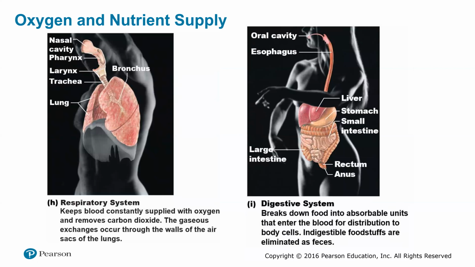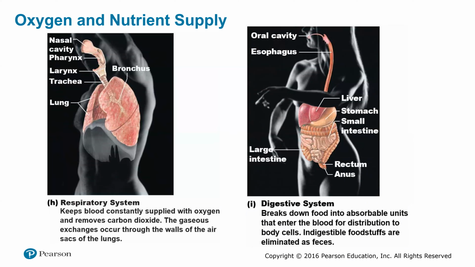Respiratory system keeps blood constantly supplied with oxygen and removes carbon dioxide. The gaseous exchange occurs through the walls of the air sacs in your lungs and your blood.